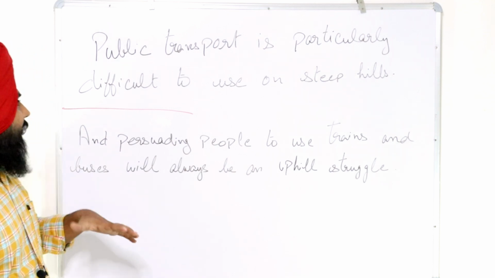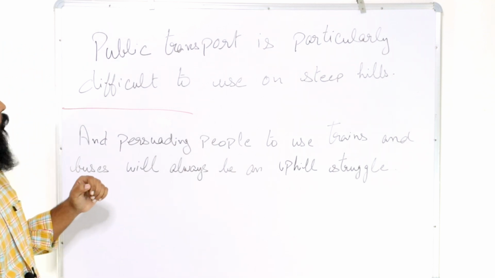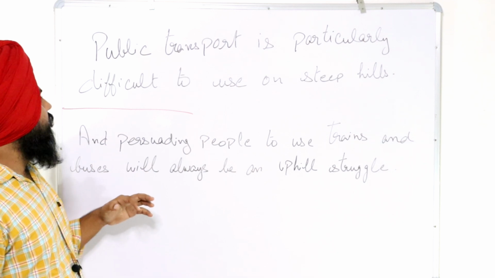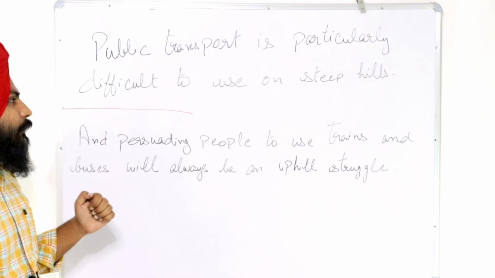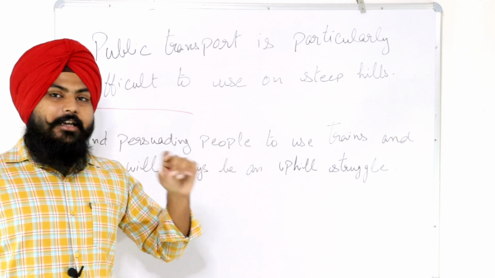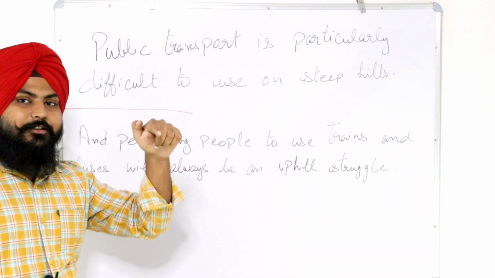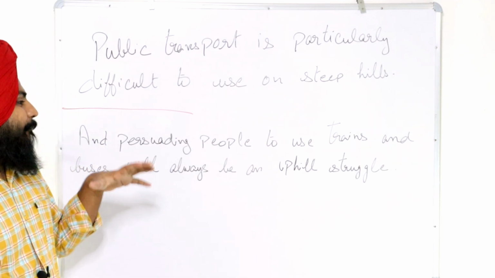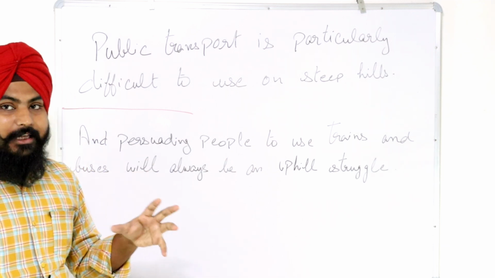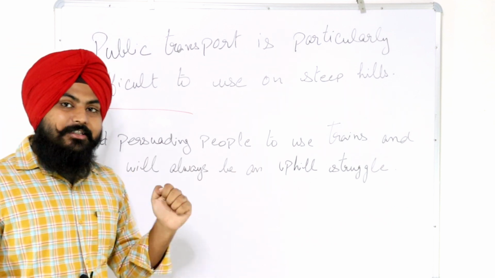Okay, now I guess most of the students must have written the answer is true. Public transport is particularly difficult to use on steep hills. How many students have guessed the answer is true? Comment to me. But the answer is not given. Yes, the answer is not given.